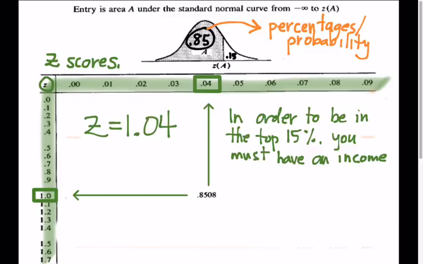Anyone know what z-values actually represent? How I like to think about z-values is they're a measuring stick. They tell us how far away we are from the mean, but not in dollars, as we would expect in this example, but in numbers of standard deviations. So how I would complete this sentence is to say, in order to be in the top 15%, you must have an income that is at least 1.04 standard deviations above the mean.